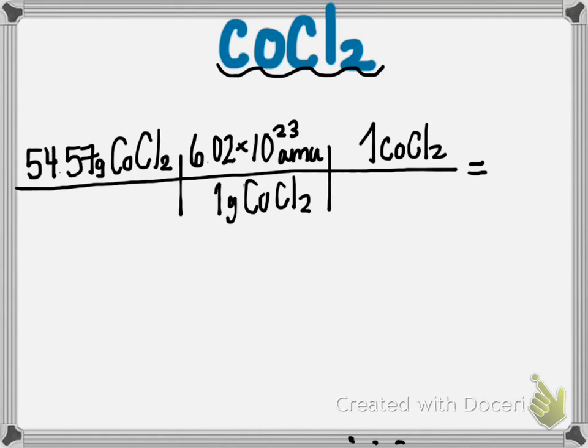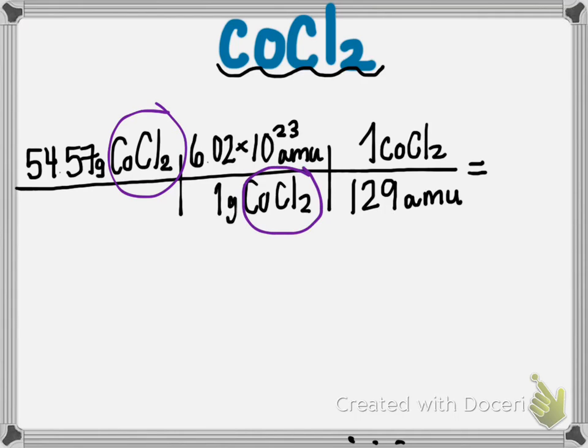Your numbers might be slightly different if you rounded differently, but you should get 129, and that is AMU. So now you should see that this lines up: here you have CoCl2, here you have CoCl2, AMU, AMU, CoCl2.